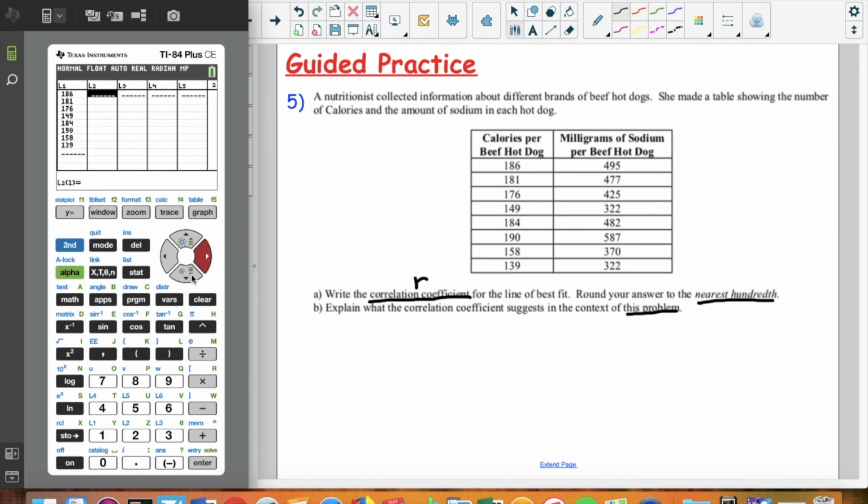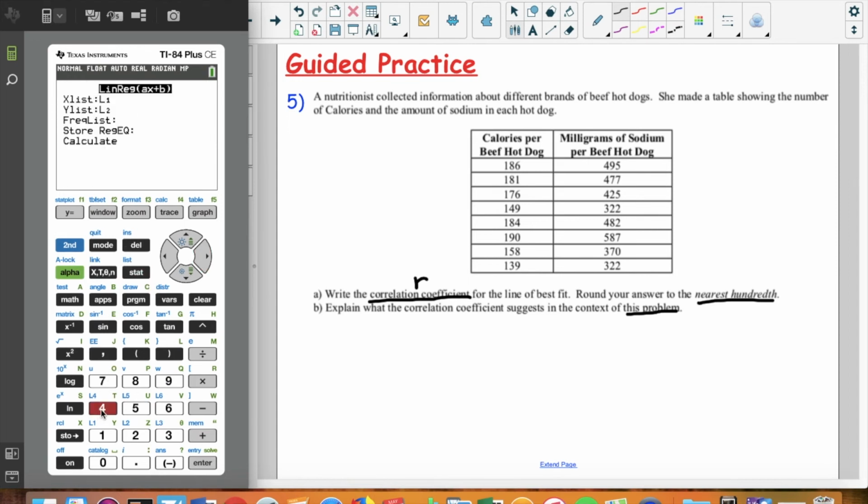Go to L2, and I have 495, 477, 425, 322, 482, 587, 322. Okay, let's say that I'm done here. I go to stat, go to calc, go to 4, enter, enter, enter, enter, enter.